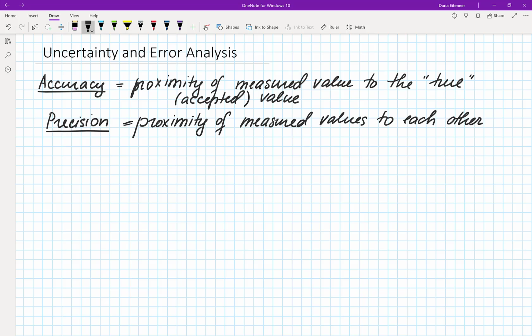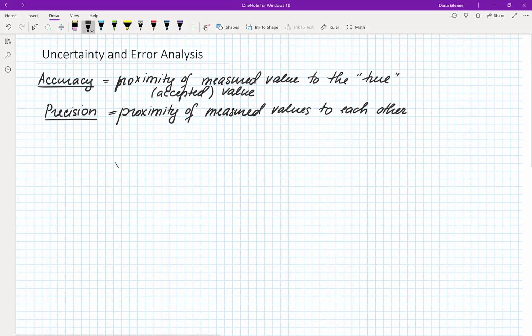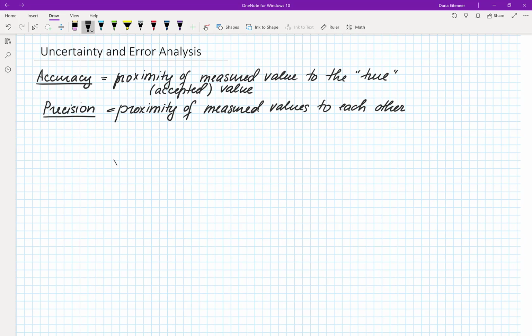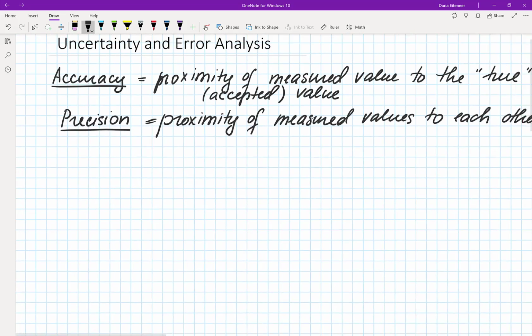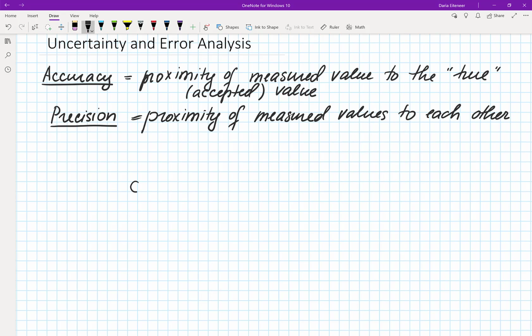So the best way to represent these 2 terms is by visualizing a target, a bullseye. So this is the bullseye here, okay? So imagine I have this target and I'm going to throw darts at this target. So my goal, my quote-unquote true value, is to hit the bullseye, right? That's what I'm aiming for.